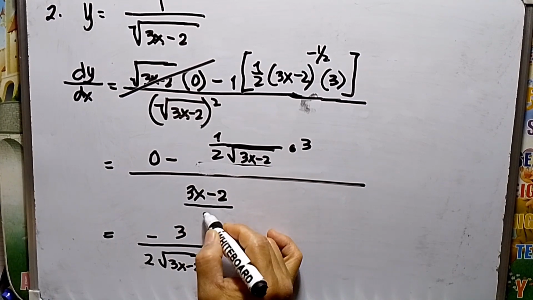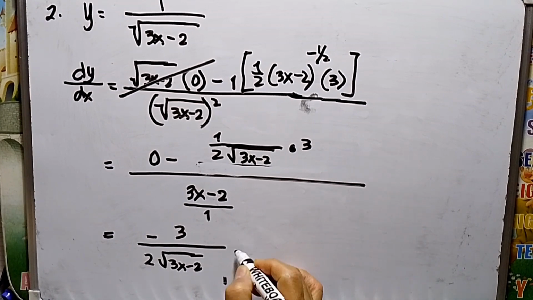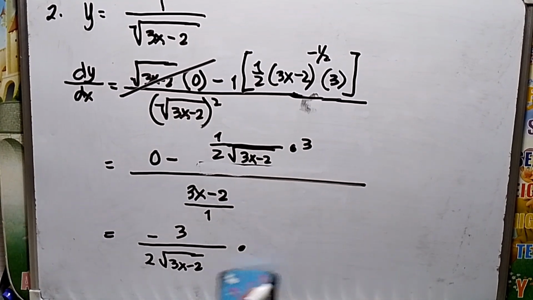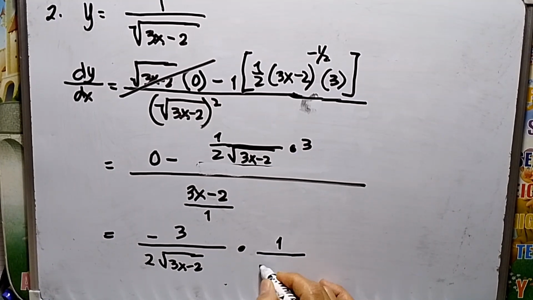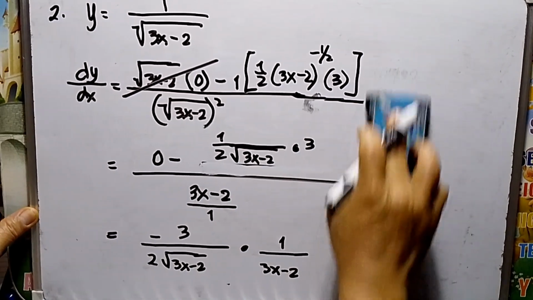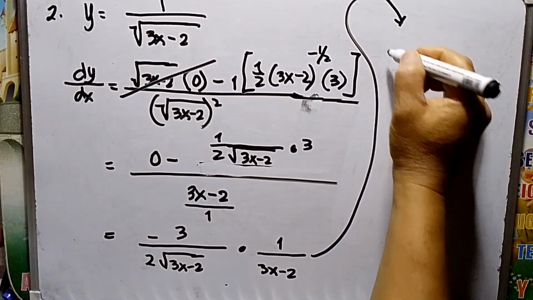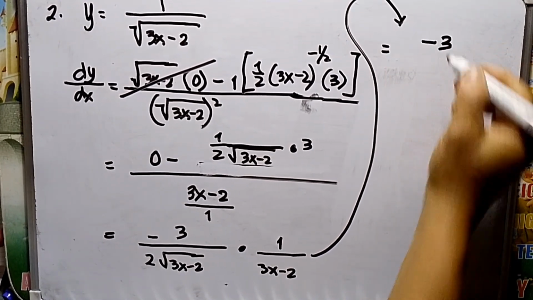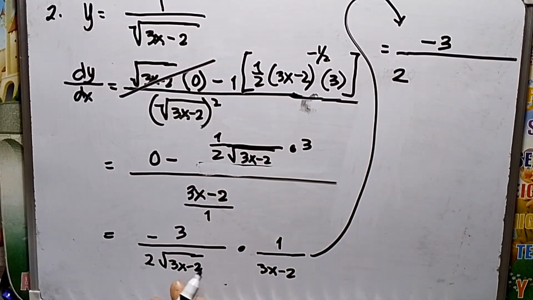Then I need to put 1 in here, save my denominator, and then change this operation to multiplication. Then take the reciprocal. It should be 1 over 3x minus 2. And then combine. So this will be minus 3 over 2.